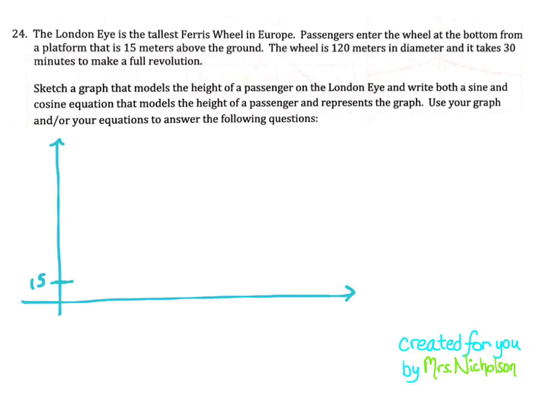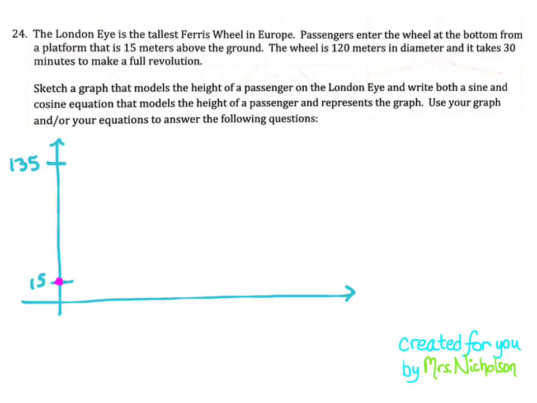So if the bottom of the Ferris wheel is 15 and the diameter is 120, then the highest point that you're going to go is 135 meters, because then the distance between the platform and the top of the Ferris wheel would be 120. So my lowest point is where we're getting on, at 15. The highest point is going to be there at 135.